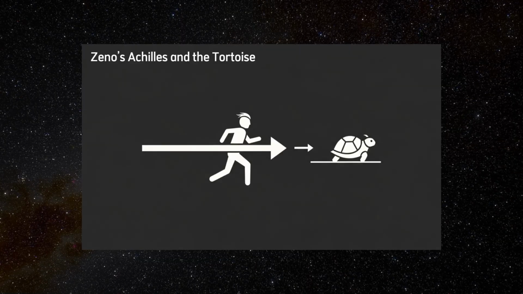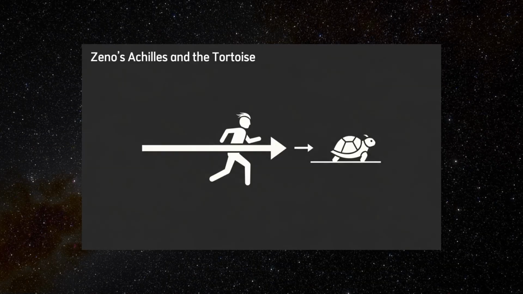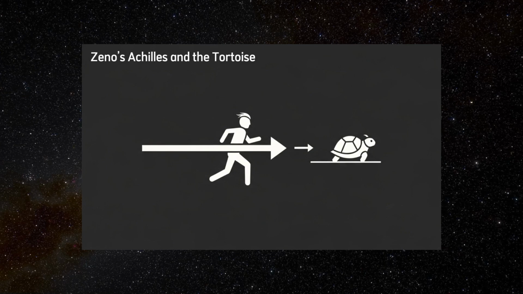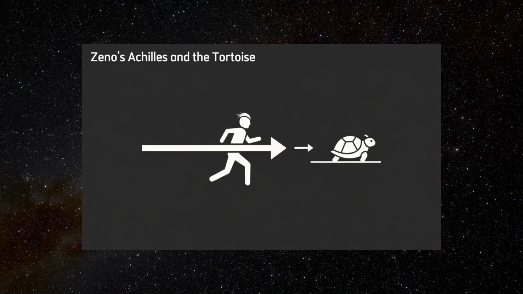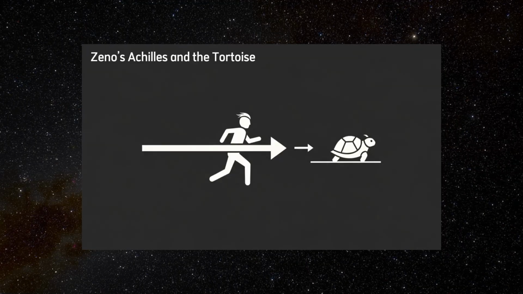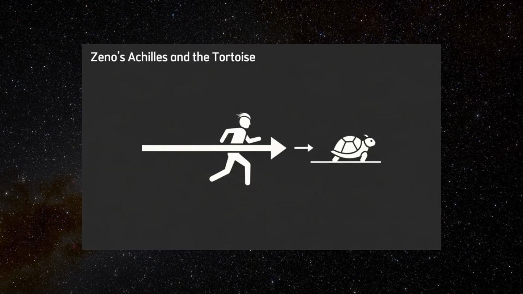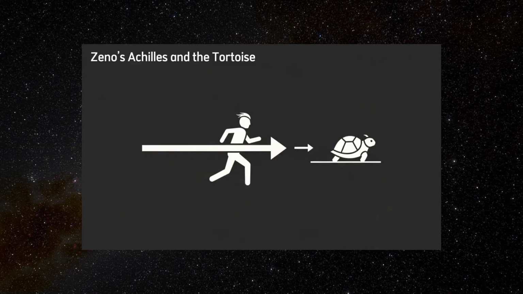Mathematically, although Achilles has to complete an infinite number of steps, the total time required can still be finite. For example, if each step takes half as long as the previous one, the total time forms a geometric series that converges to a specific number. This proves that Achilles will indeed overtake the tortoise after a finite period.